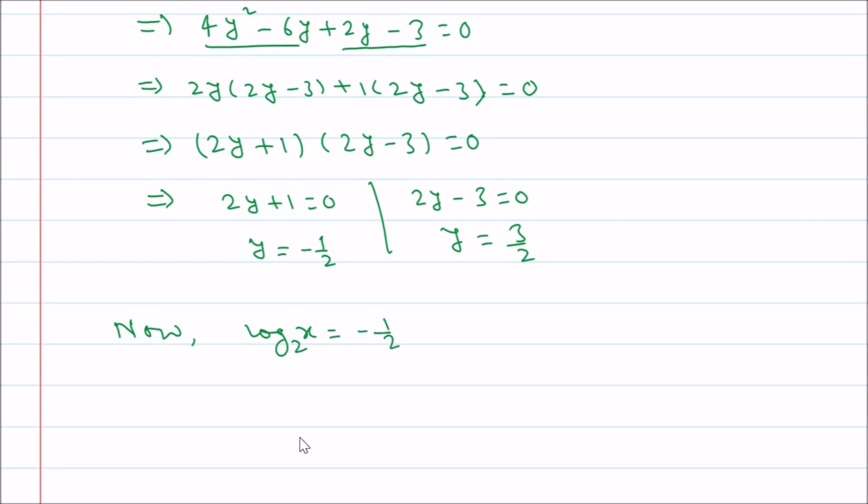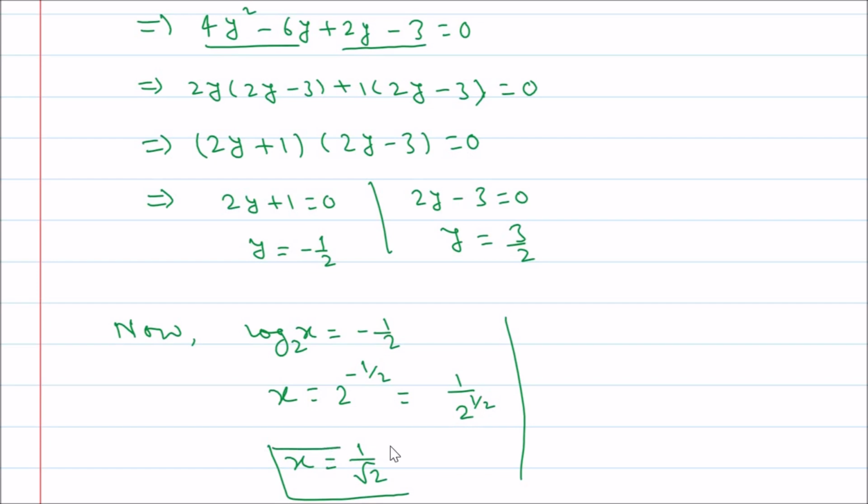Okay. We have to solve for x. So x equal to 2 to the power minus half. That means that can be written as 1 by 2 power half. A half means root. So we can write x equal to 1 by root 2. That is one solution. Let us find the other one.